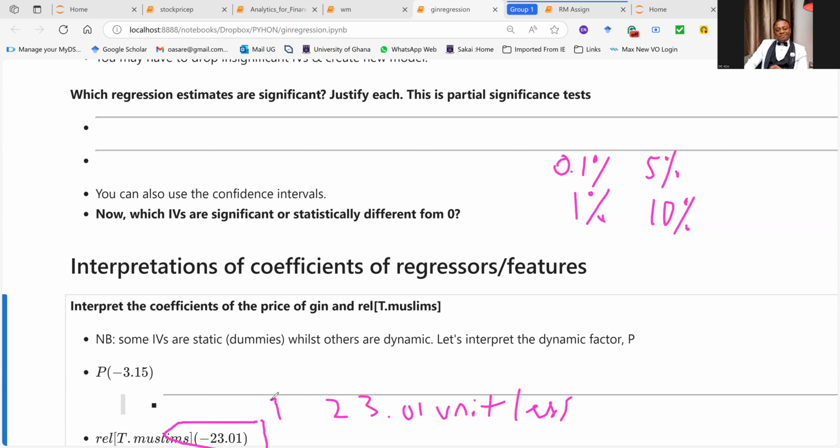Quantity demanded is predicted to be 23.01 units less if the people are Muslims than Buddhists.